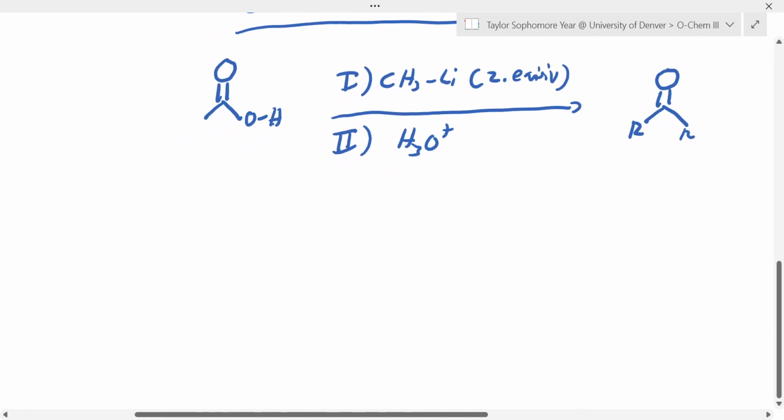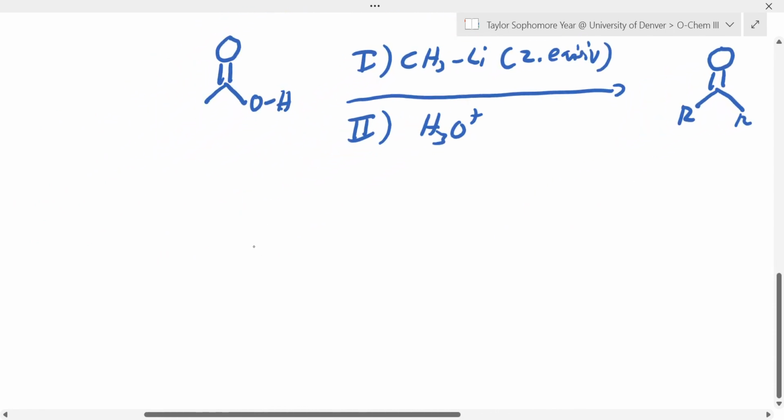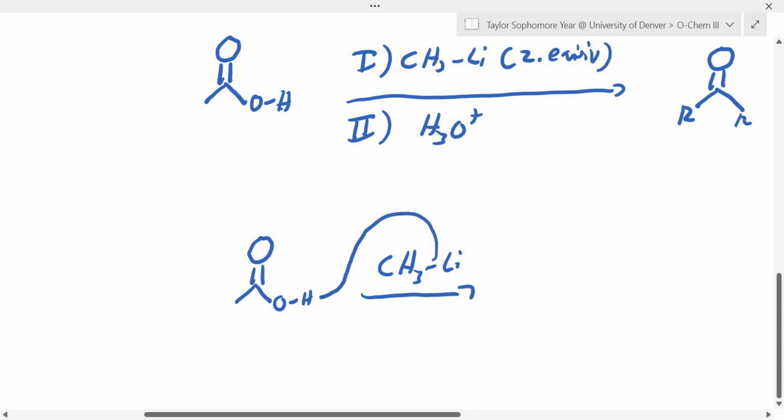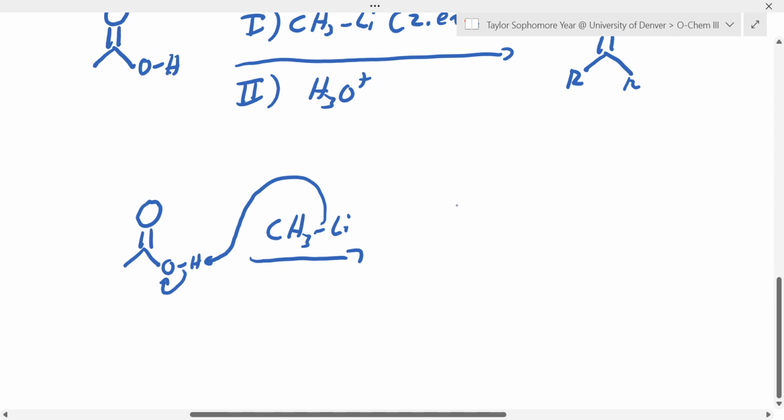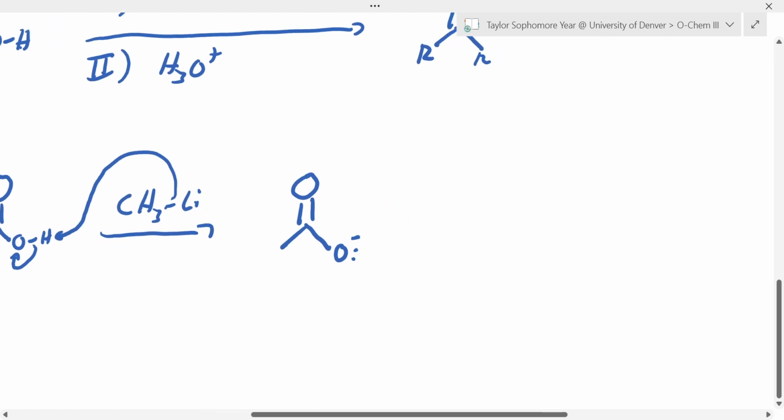So let's take a look at the mechanism for this. To start, we'll take our carboxylic acid and our CH3Li, or methyl lithium, and this bond will attack the hydrogen, taking it off the oxygen, allowing oxygen to be negative. From there, as I said, we have two equivalents of methyl lithium.